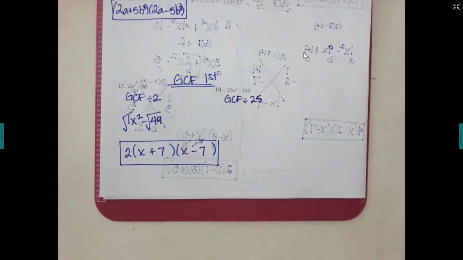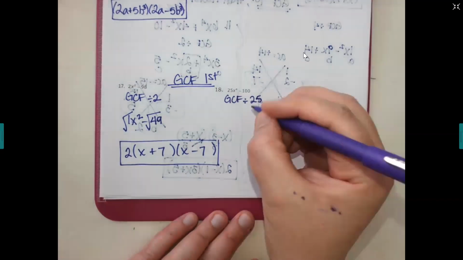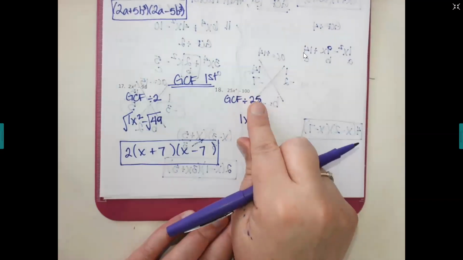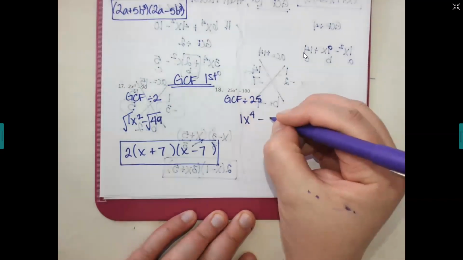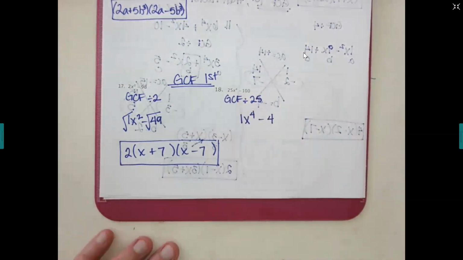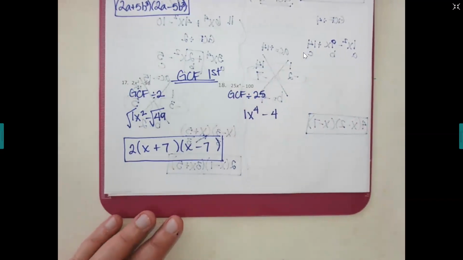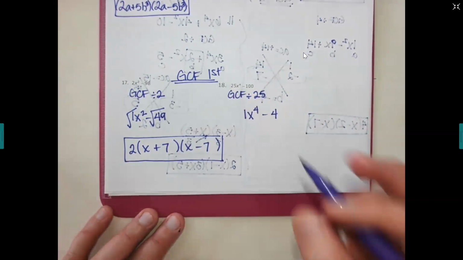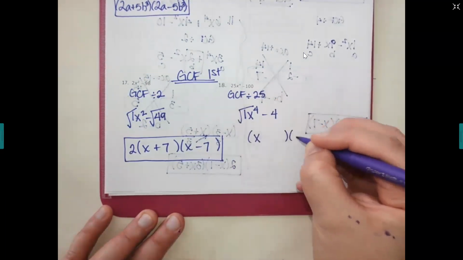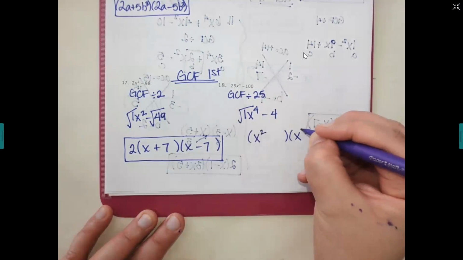What's going to happen to my 25x to the 4th? Now it's just 1x to the 4th. What about my 100 divided by 25? And then you're going to square root it from there. If I have an x to the 4th, how can I split that up when I square root it? It'll be an x squared and an x squared.